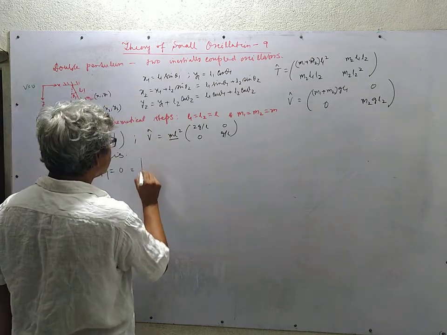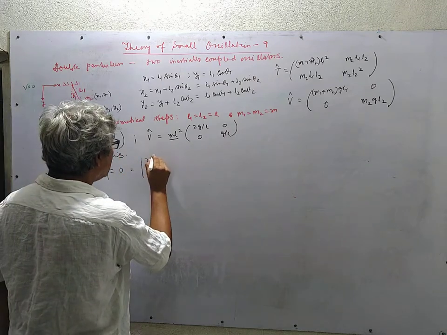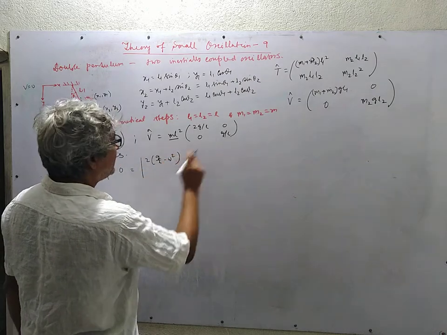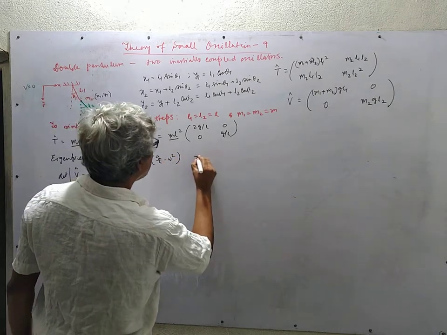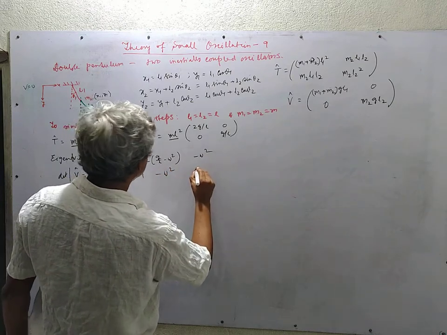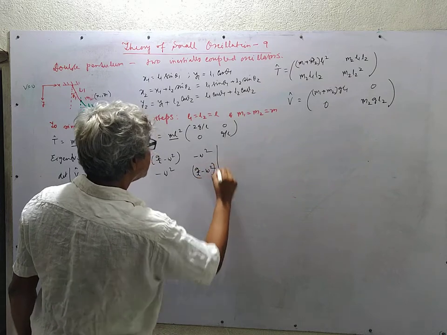So here it is 2, here it is 2, so we take 2 common: g by l minus omega square, and this is minus omega square, and this is g by l minus omega square is equal to 0.